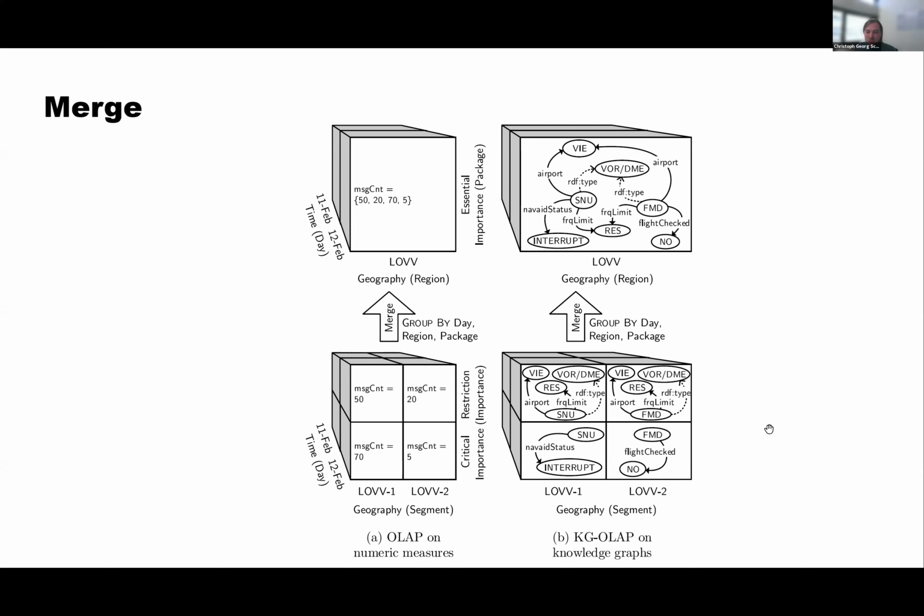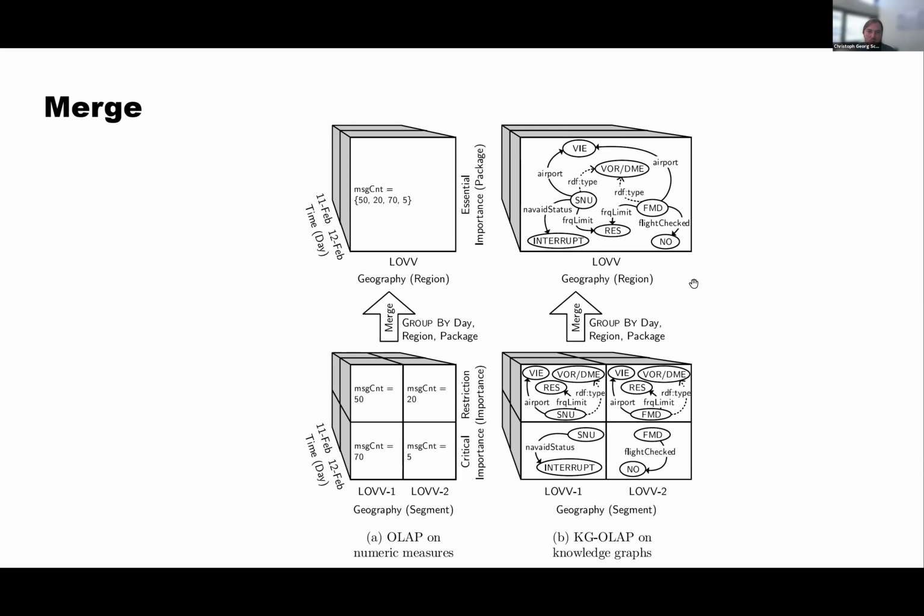The same basically happens in knowledge graph OLAP. We can say, now we want to group the different contexts by region, by package, whatever we have, and basically just merge the smaller knowledge graphs in the different contexts to obtain a larger knowledge graph.